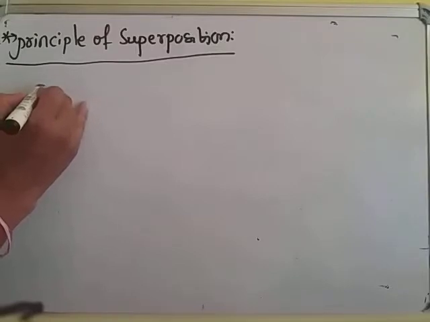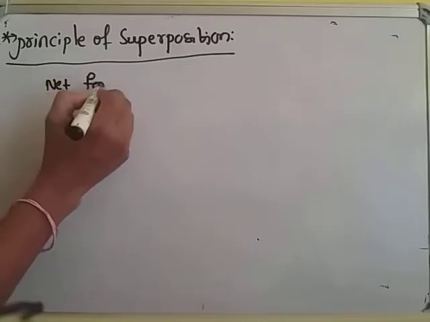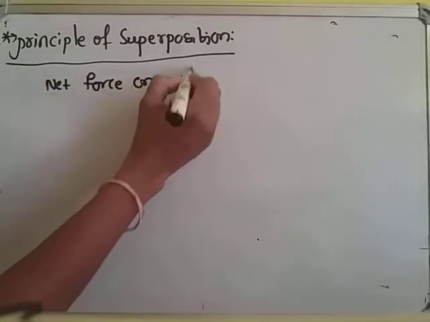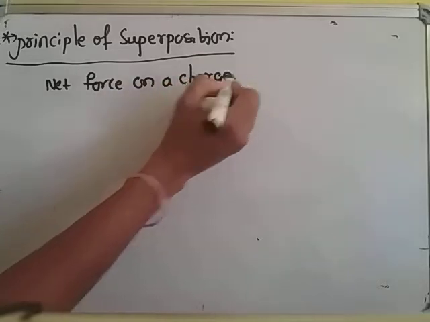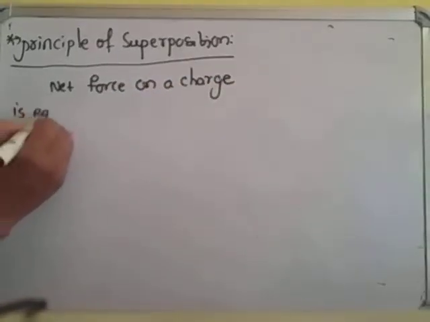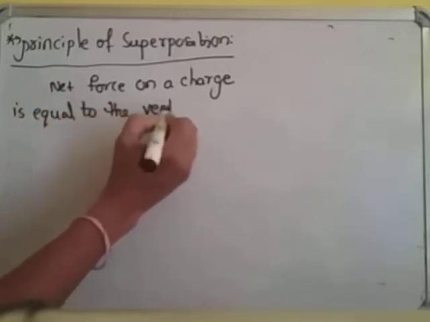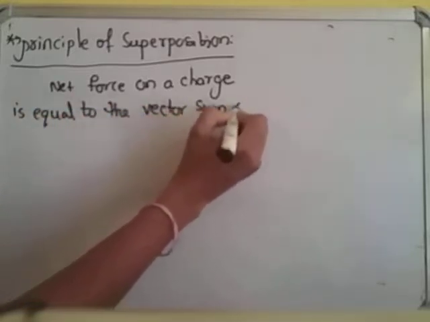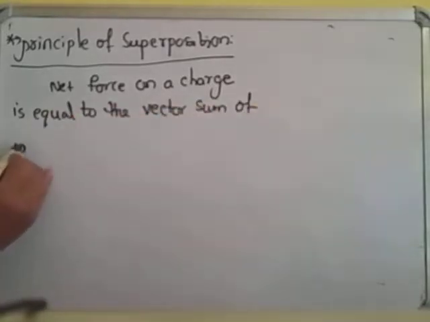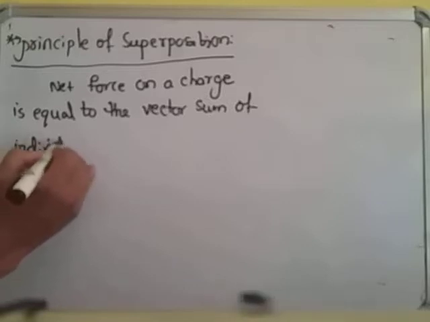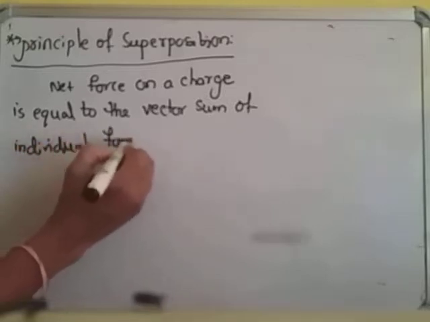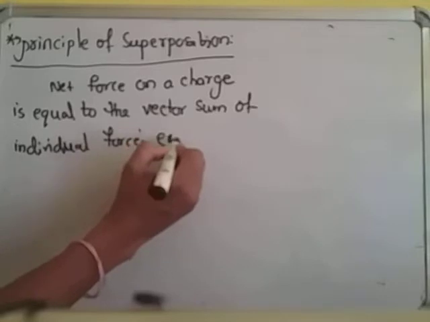According to it, the net force, the total force on a charge, is equal to the vector sum of the individual forces exerted by each charge.